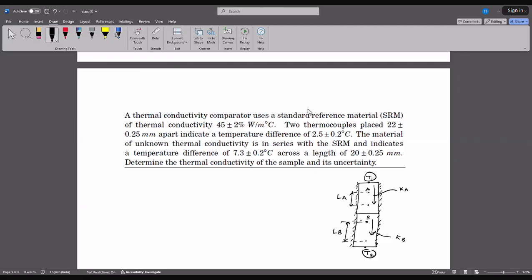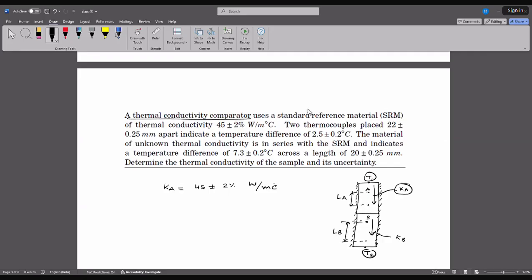This setup is called a thermal conductivity comparator. It uses a standard reference material whose thermal conductivity is 45 plus minus 2% watt per meter degree C.